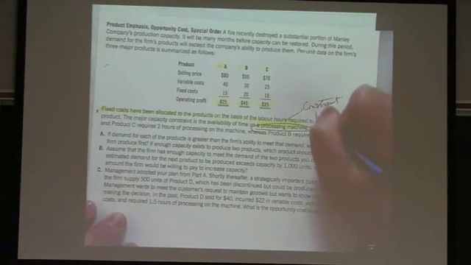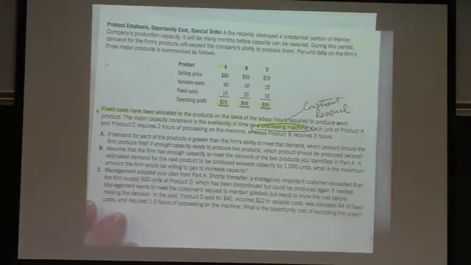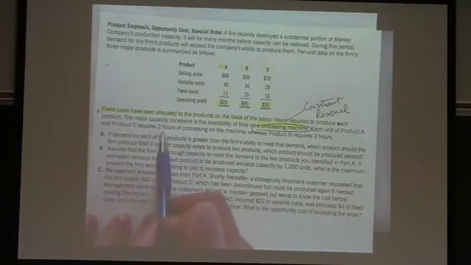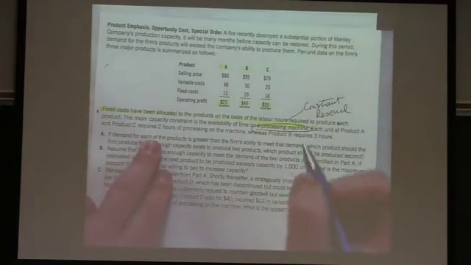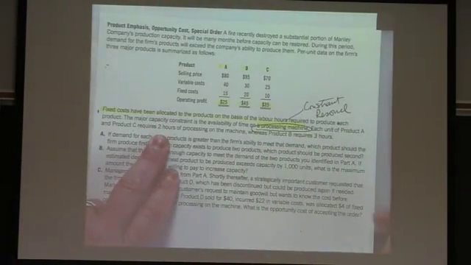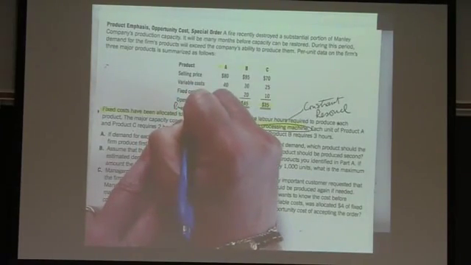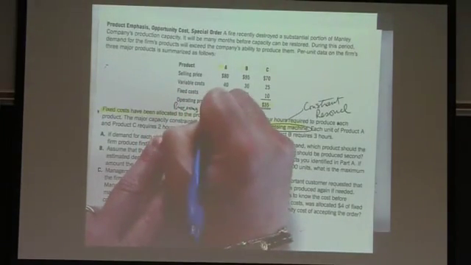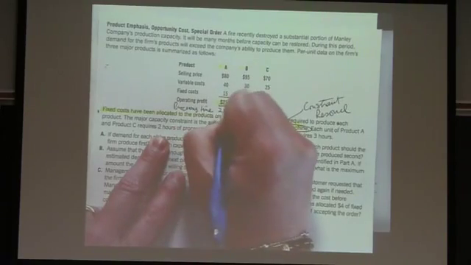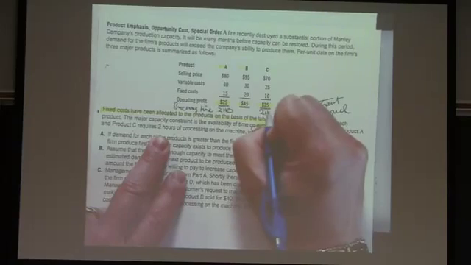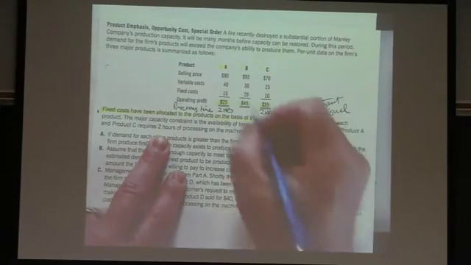That's the constraint resource. Each unit of product A and C requires 2 hours, so I'm going to write the words processing time right here. So this is 2 hours and 2 hours, and this one requires 3 hours.